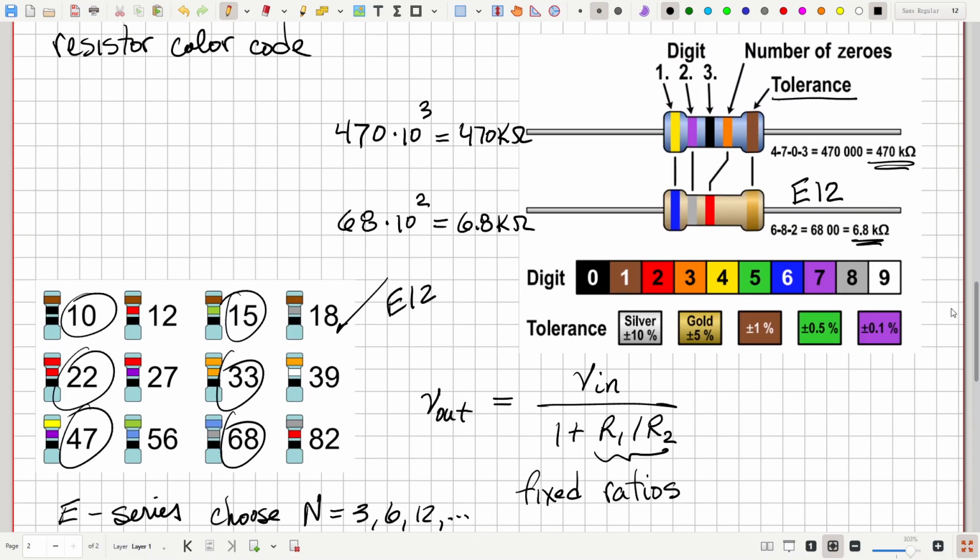However, if we go to the 1% resistors, now we can afford to have a lot more values in between because they are more precisely defined. And in fact, for that, we use the E96 series. We have 96 values per decade.